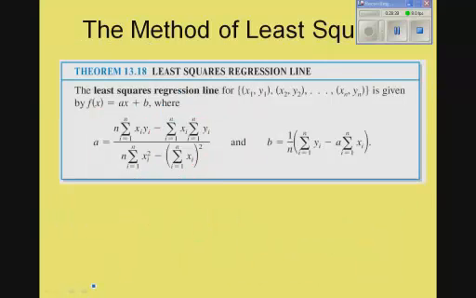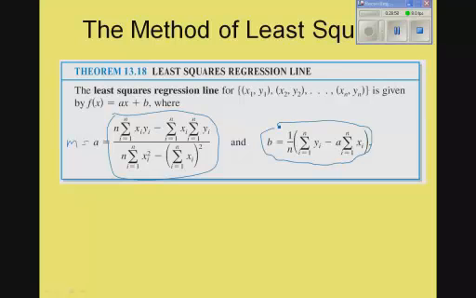Here's what your book tells you about this. It wasn't enough for my tastes. They tell you, hey guys, if you want a least squares regression line, here's what it equals. By the way, this a is what we called m. Right, that's the slope. So that's the slope, and there's the y-intercept. And you could use these formulas and solve the problems in the book. I don't think I assigned any.